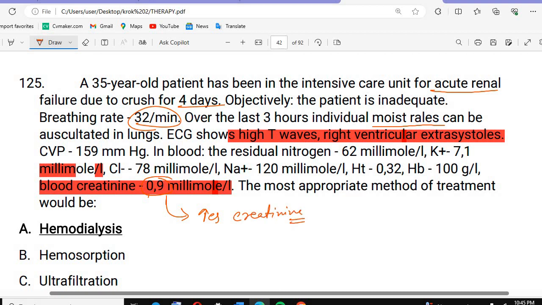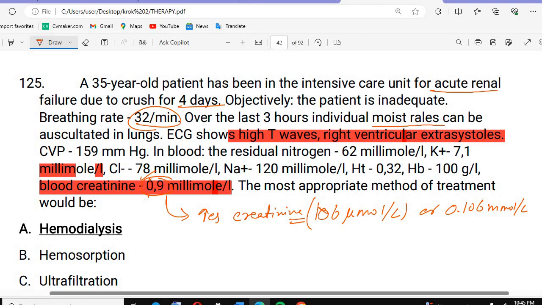The normal is 106 micromole per liter, or you can say 0.106 millimole per liter. If you convert it, it becomes 0.106 millimole per liter. So of course the blood creatinine level is much higher.